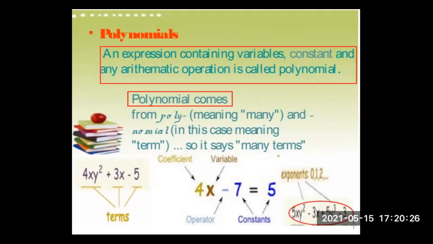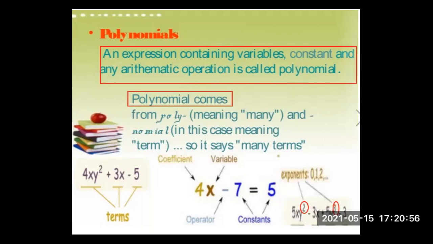So the full one we can call one expression. In that expression you can see that 2 is there, then 3 is there. So that one we can call our exponent, or the power of that term, or the degree of that term. Okay, next we will move to our next slide.